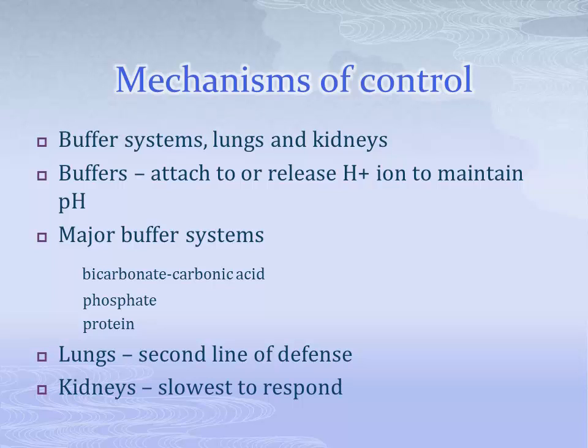So if we're going to get rid of excess acids, one of the best ways to do that is to increase our respiratory rate, because we're going to exhale more carbon dioxide and hopefully create a balance. So that's kind of how the respiratory system can compensate for metabolic acidosis, and we'll repeat that later.